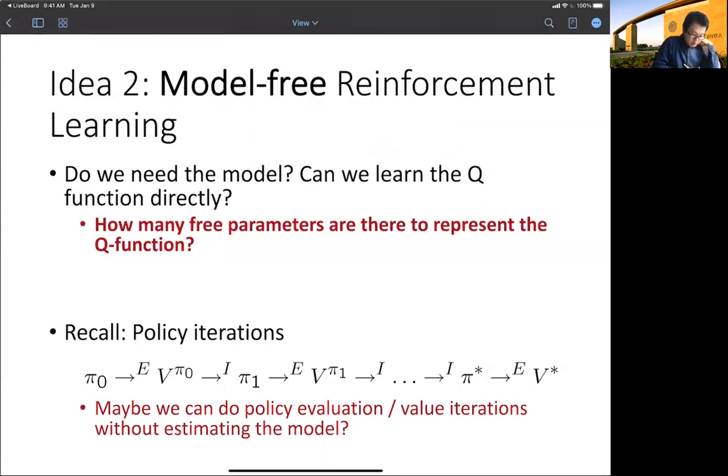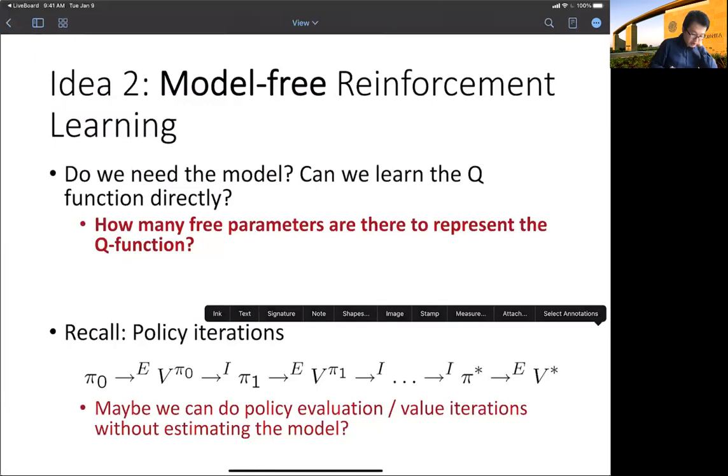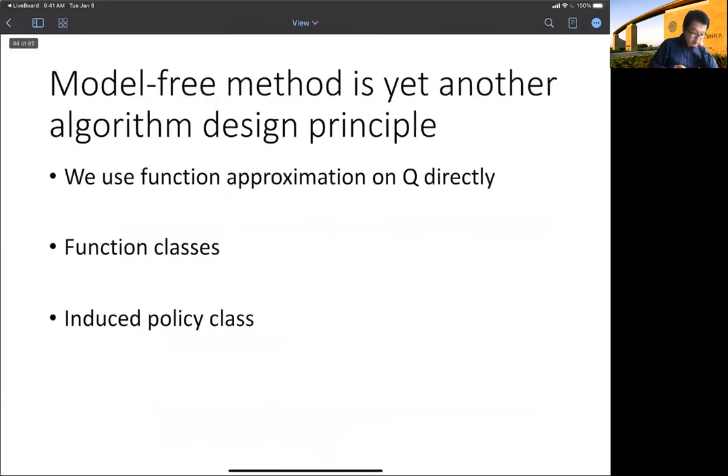Instead of doing the policy evaluation by solving the linear system of equations given by the Bellman equation, we can do this policy evaluation in other ways, and then follow this general algorithm design principle to alternate between policy evaluation and policy improvement. Similarly, we can do something like this for value iteration. We can do this without estimating the model, but rather directly estimating these steps of the dynamic programming algorithm. Okay, so this is yet another algorithm design principle.